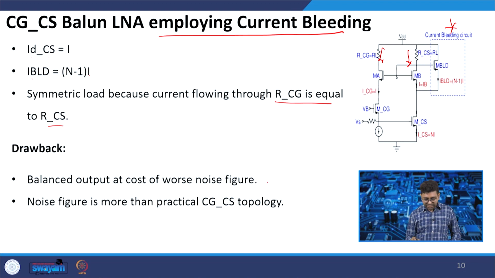What is the drawback of this? Balanced output at the cost of a worse noise figure, because you are adding more and more transistors, and that increases the noise figure.